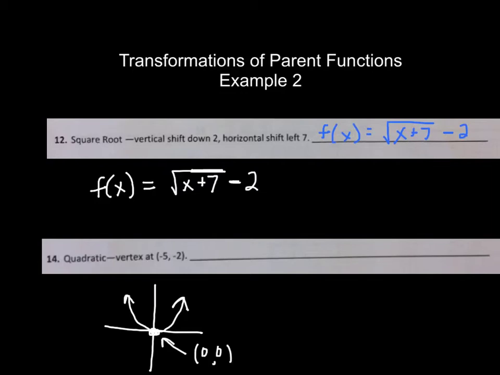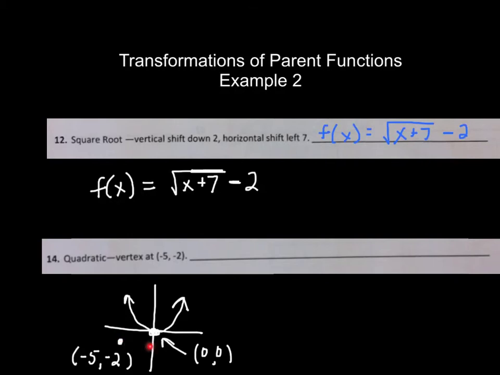So now, if the new vertex is at negative 5, negative 2, that's our new vertex. How do I move from here to there?